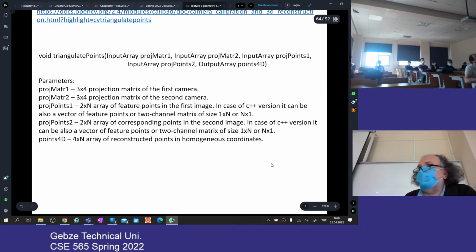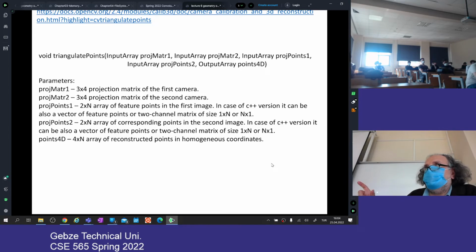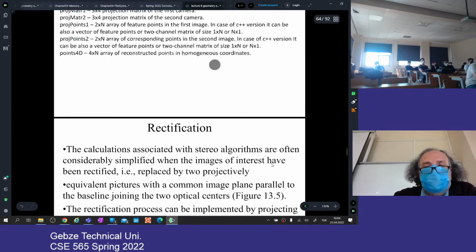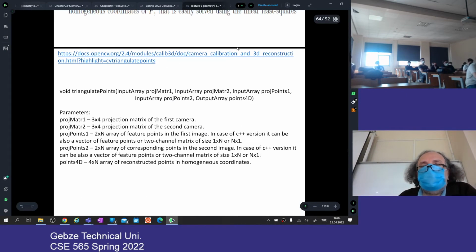I will give you the corresponding 3-dimensional points. It says points 4D, but 4D means that I have an array of three-dimensional points. That's why it is 4D. So triangulatePoints will give you this. Can I click on this? Maybe there is a nice example. I can't.